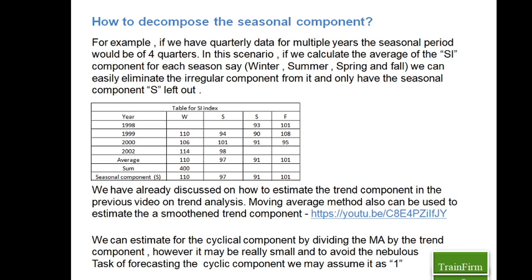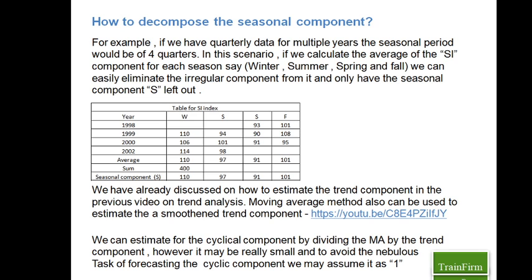So for winter, the seasonal index is 110 percent. This is all in percentage, and I'll explain to you how we reached the percentage. And for summer it's 97%, for spring it's 91%, and for fall it's 101%.